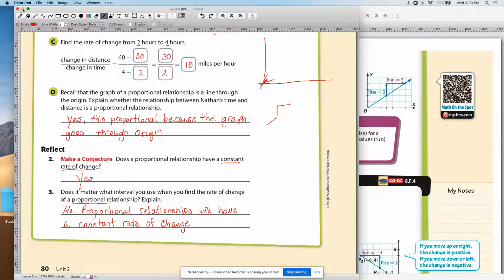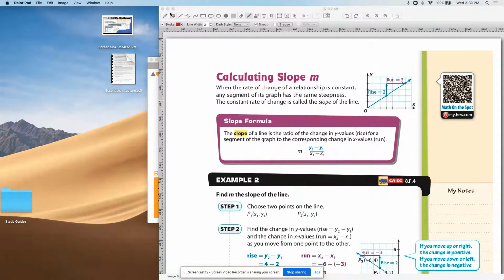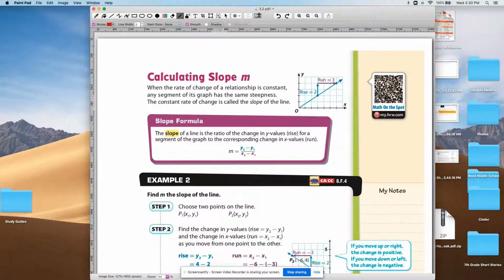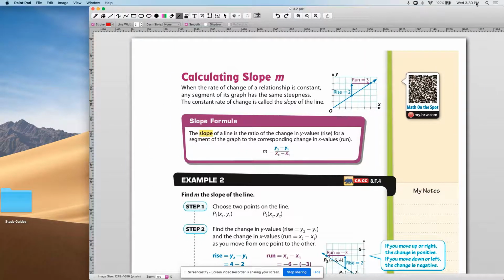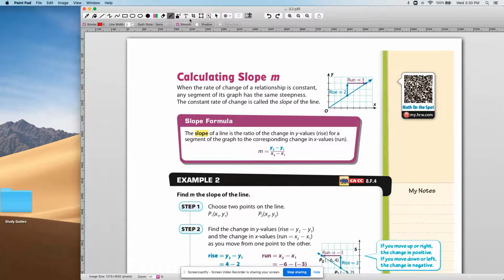All right, you guys ready? We're going to go on to the last page. Last page. All right. Let me find my mouse, widen this a little bit. We've got calculating the slope. Remember, the slope is m. When the rate of change of a relationship is constant, any segment of the graph has the same steepness.